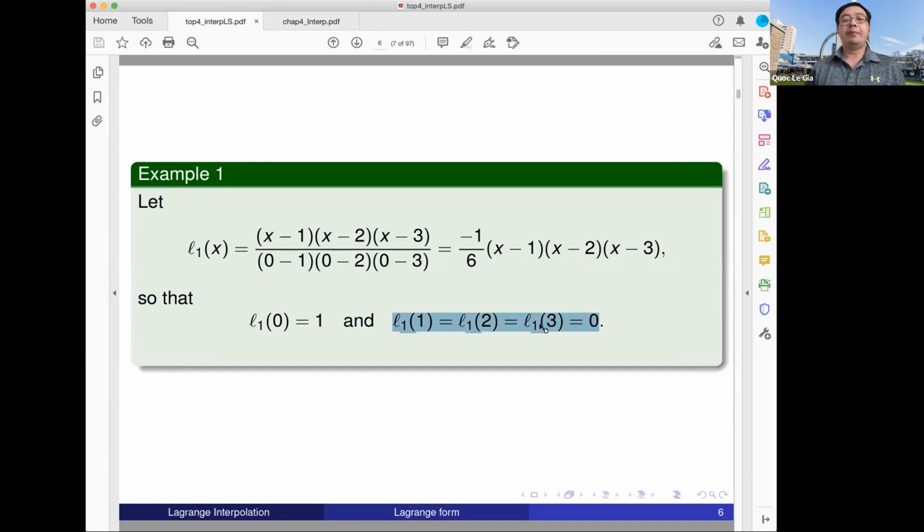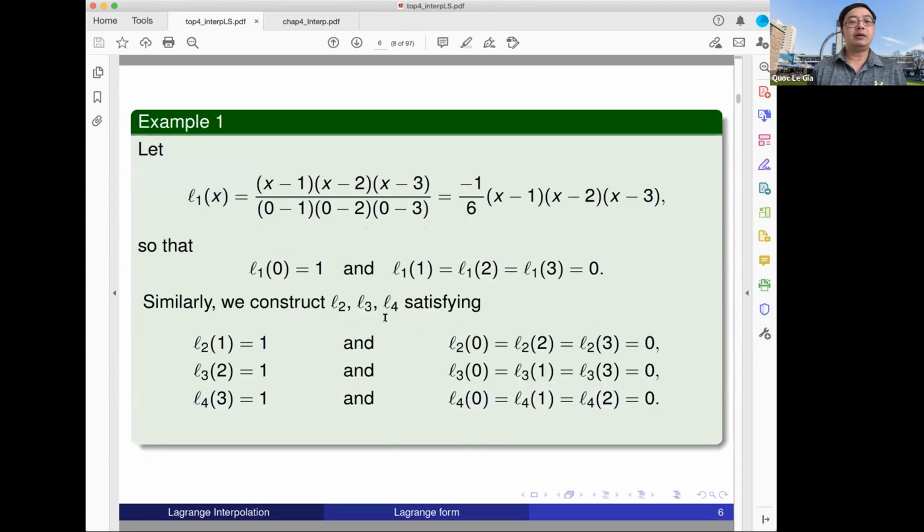But when you put x to be the very first point, when you put 0, you get 0 minus 1, 0 minus 2, 0 minus 3, and then at 0, L1 equals 1. Then similarly, you can construct L2, L3, and L4.